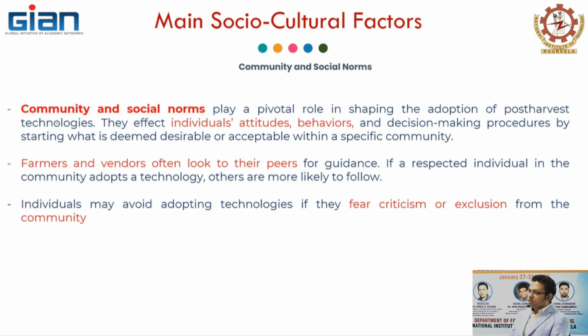For example, in a state like Punjab, adoption of agricultural technology is quite high compared to other states. In some states, even Chhattisgarh or Jharkhand or others, people still believe in the traditional way and the adoption rate is quite low. We can't say they are not changing, but the adoption rate is slow, and only at a very minimal level are they trying to change. That is all about the beliefs of the society and what the community is doing.